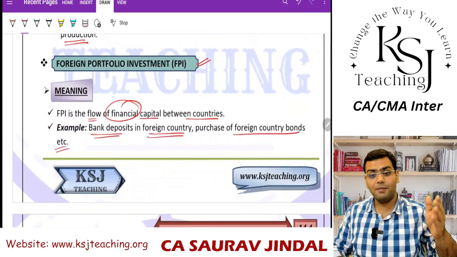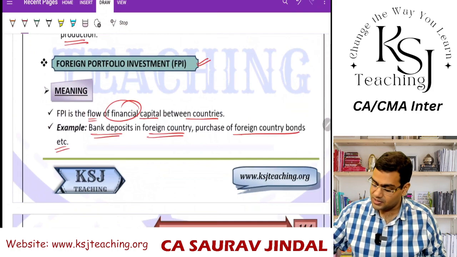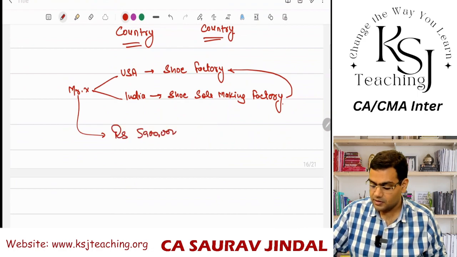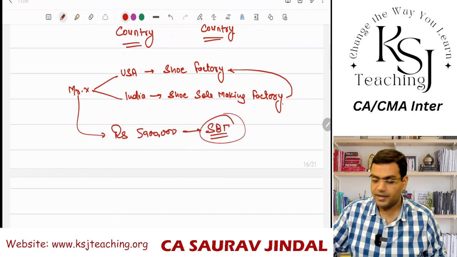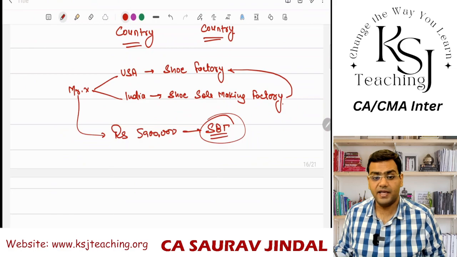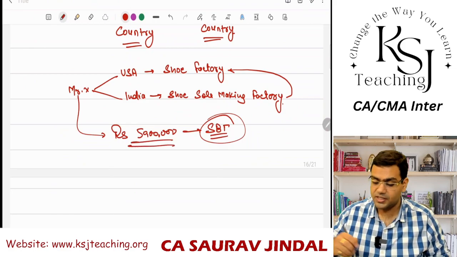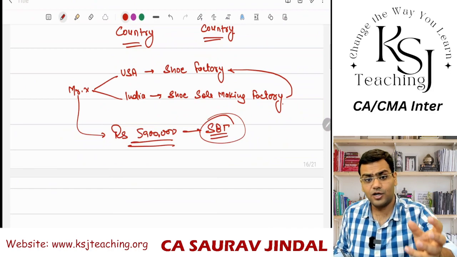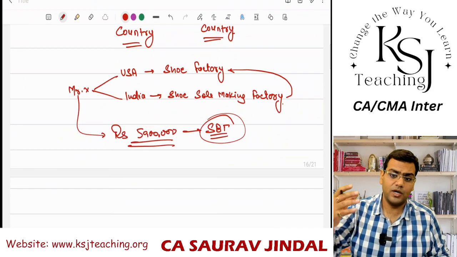Now if your money is deposited, let's say this Mr. X has let's say rupees 50 lakh deposited in, let's say, SBI, right? In India, the State Bank of India, he has 50 lakh rupees deposited in the SBI. Now is he getting the control over the SBI? Is he getting the voting rights in the SBI?